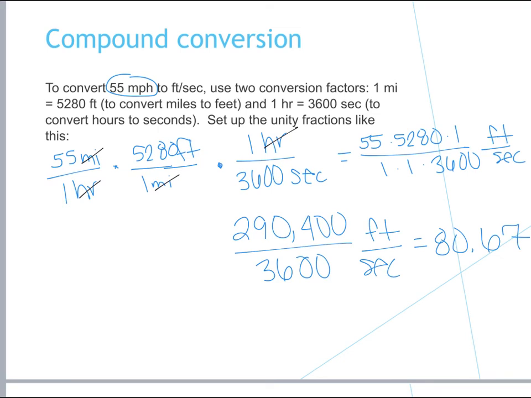Only because we don't usually see miles per hour or feet per second in decimal answers, I'm going to say this is approximately 81 feet per second. There is another way to do this problem if you don't remember right off this conversion factor. I am going to do that on the next page.